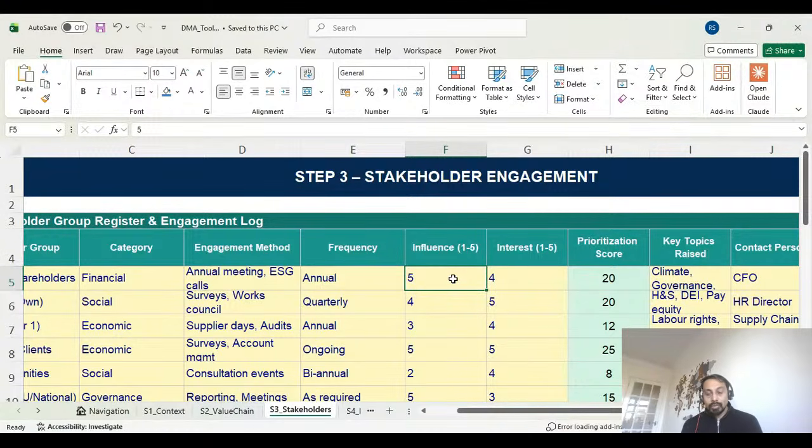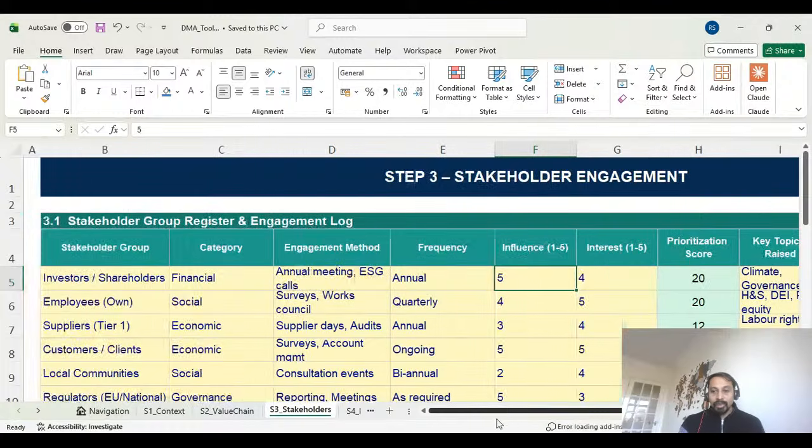Similarly, if you ask investors and shareholders whether climate and governance is part of their interest, they will definitely say yes. So you can ask them for the score, or you can also mention the score based on your qualitative conversations with investors and shareholders.